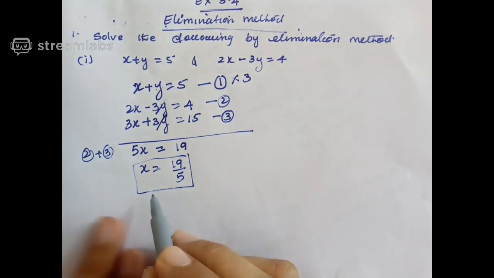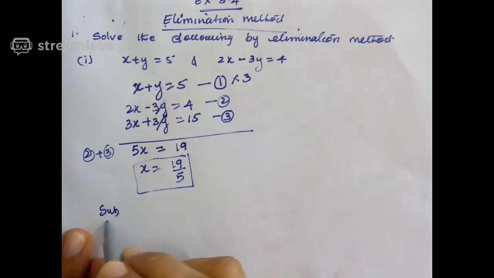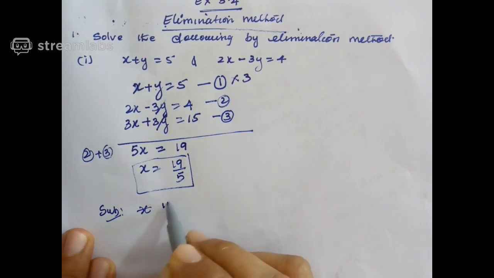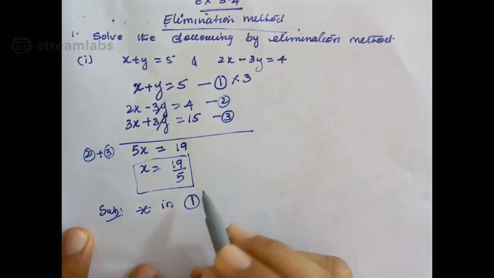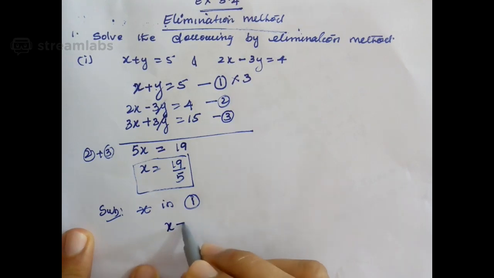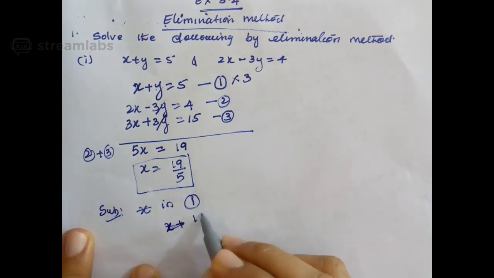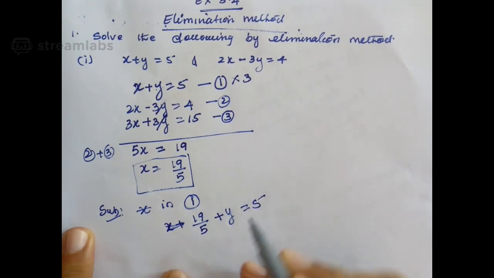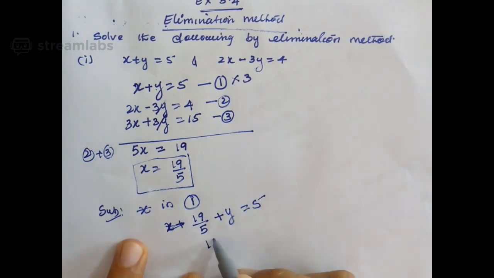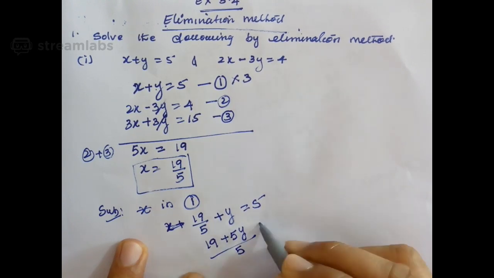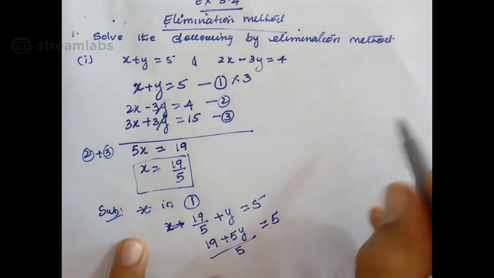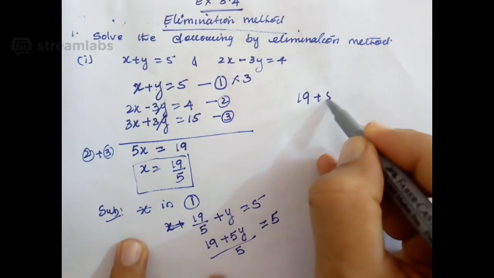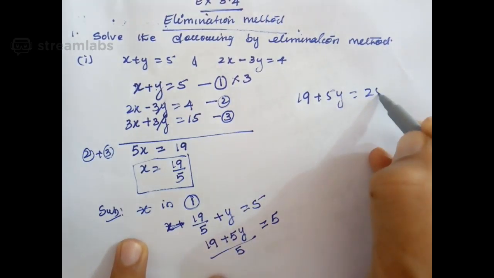Then substitute x in equation number 1, that is 19 by 5 plus y is equal to 5, that is 19 plus 5y by 5 is equal to 5. This implies 19 plus 5y is equal to 25.